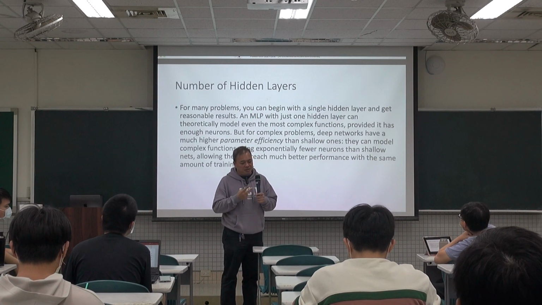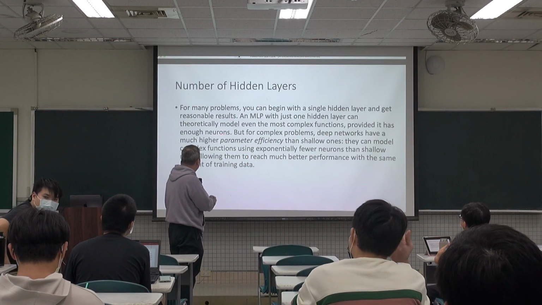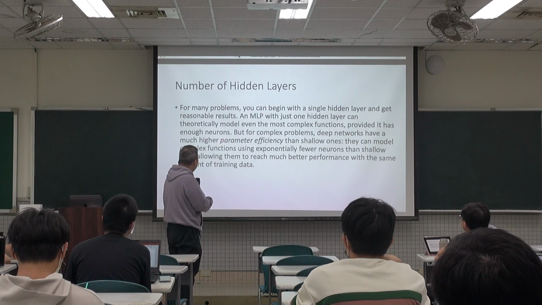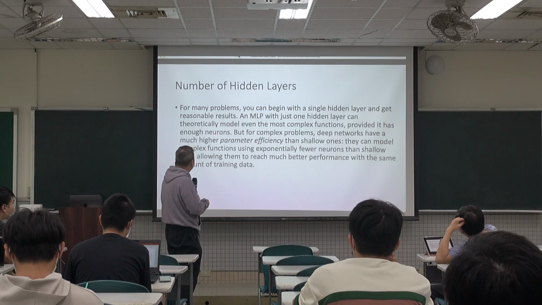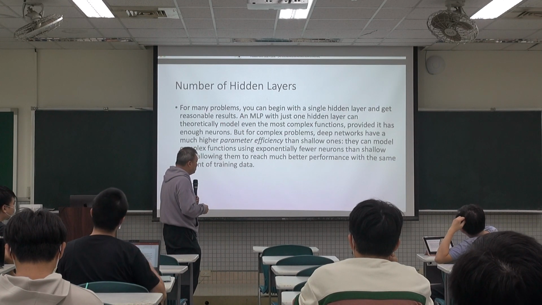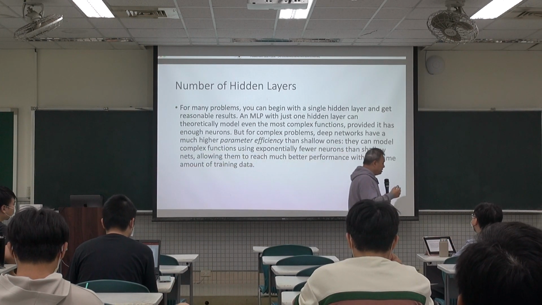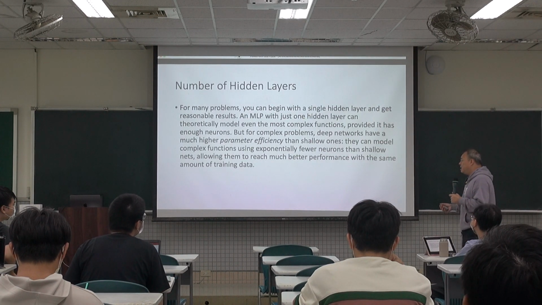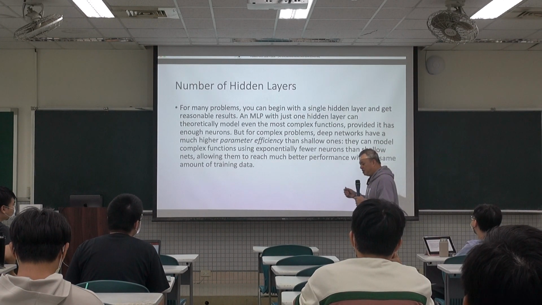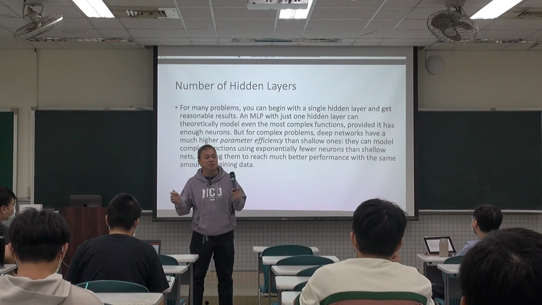If you have these two options, adding more layers normally will give you better parameter efficiency. A shallow model normally has a much worse performance than a deeper one, no matter how many neurons you have at each layer.